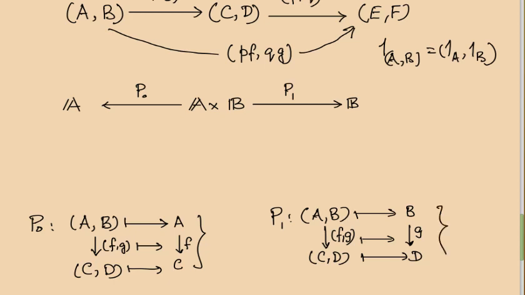Okay, so that's the picture. But it is not only this too. Suppose you have another arbitrary category X, and you have two functors.